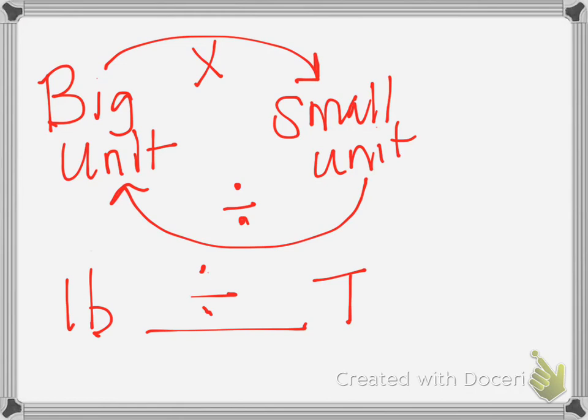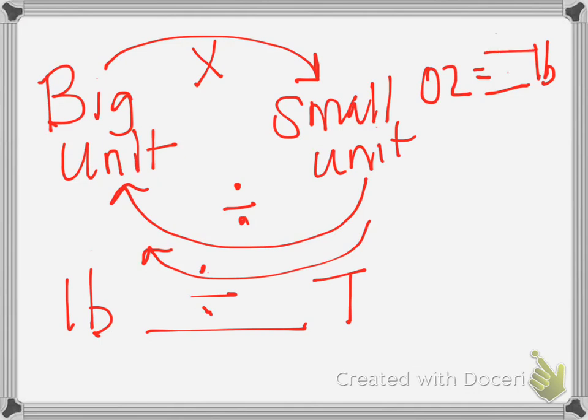Okay, so we're starting small and we're going big. We have to divide. So if we're going big to small, we're going to multiply. So if we had ounces, for instance, and we were going to pounds, okay, ounces are going to be smaller than pounds. So we're going from small to big, we're going to divide.